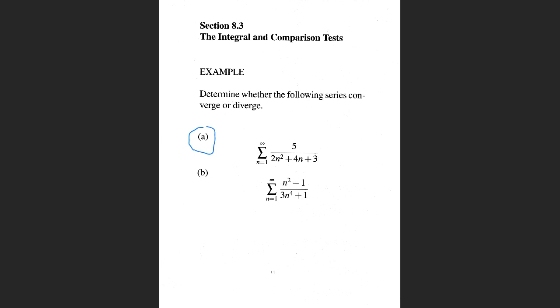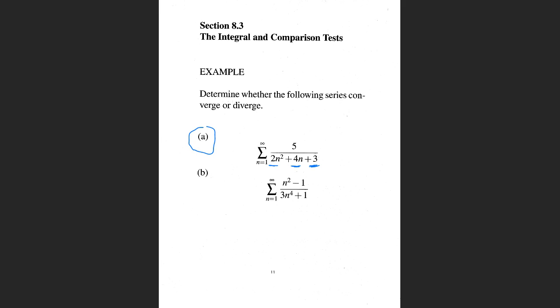So let me ask you a second question then. On the denominator you have a 2n squared, a 4n, and a 3. For those terms, what's the dominating term as n gets large?